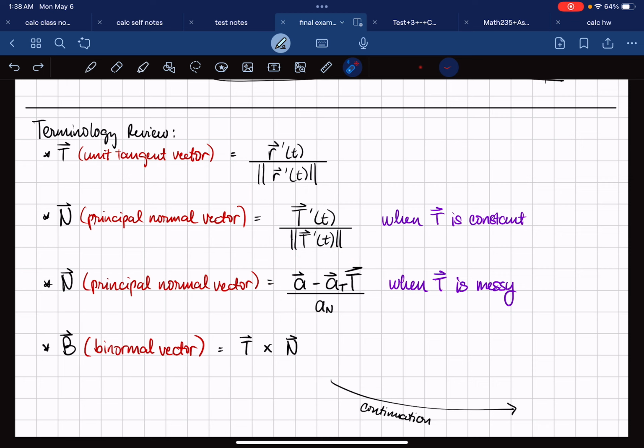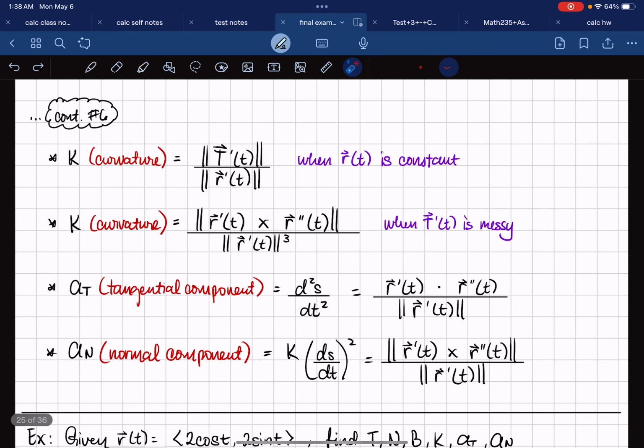All right, so we have our B, the binormal vector, and that's just the cross product of T and N. And next we have the curvature, which we also have two formulas for. So when T is constant, or when r is constant, we're going to use this equation right here.